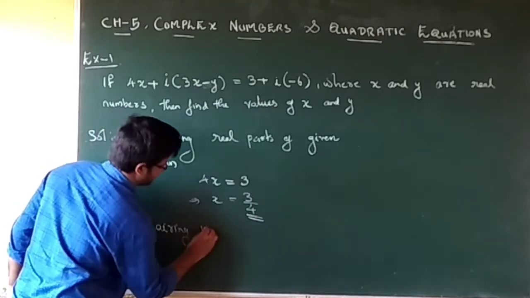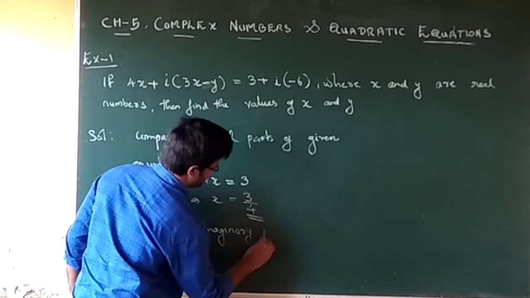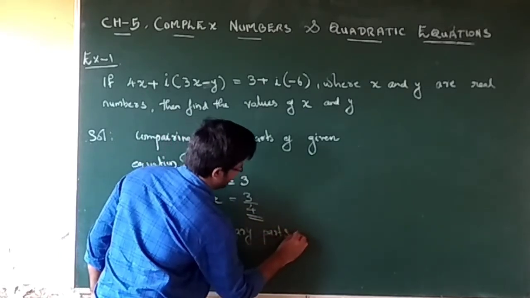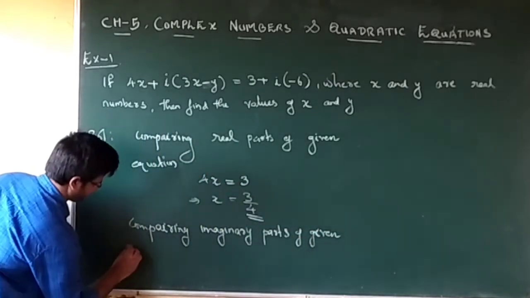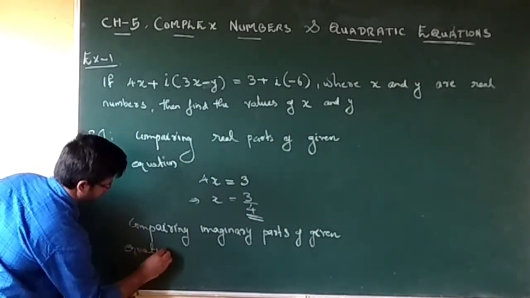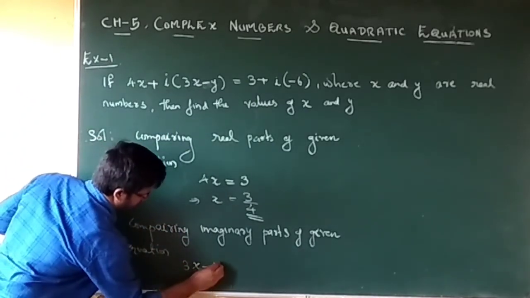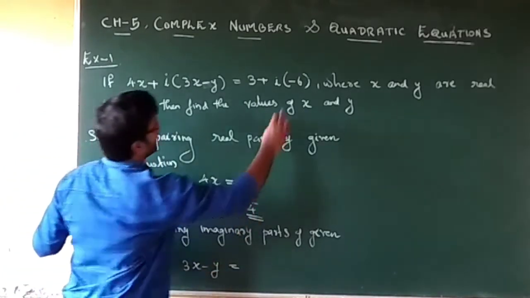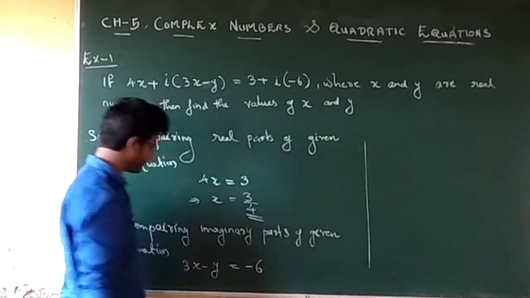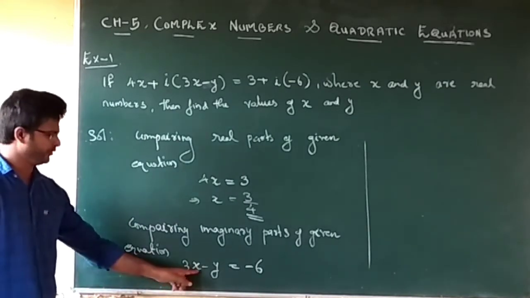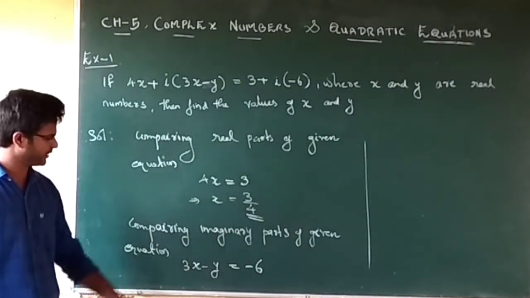Comparing imaginary parts of the given equation, we can write 3x minus y equal to, the right side imaginary part, minus 6. Then 3 into x. What is x? x we already got as 3 by 4. That x value we can put in here.